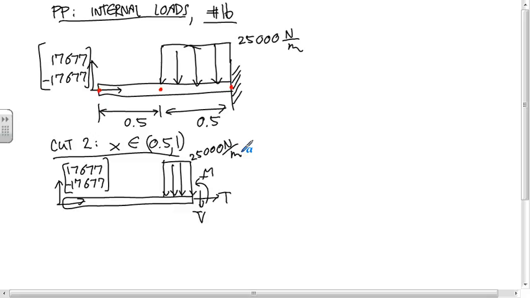So we need to come up with an expression for this width. How much of that distributed load do we have for a given value of x? Right, so this should be x minus 0.5.